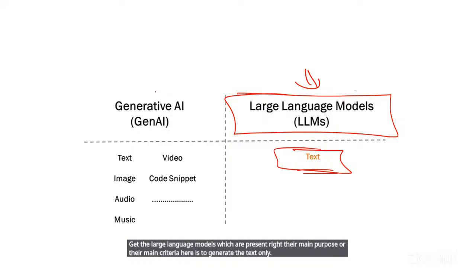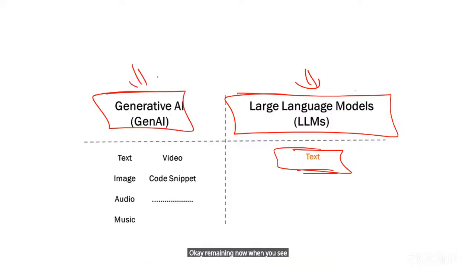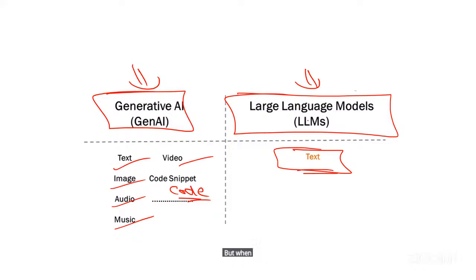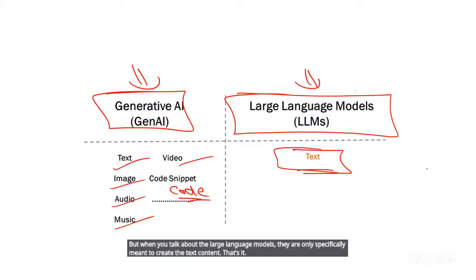Generative AI has the capability of generating text, image, audio, video and code. All of these you can do from generative AI. But large language models are specifically meant to create text content. That's it, not anything else apart from it.